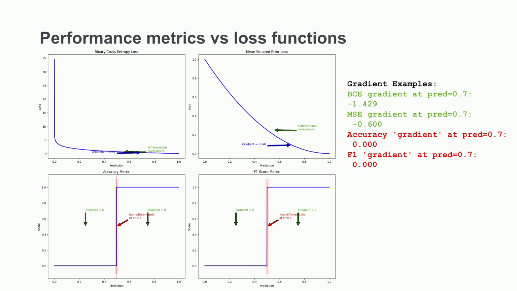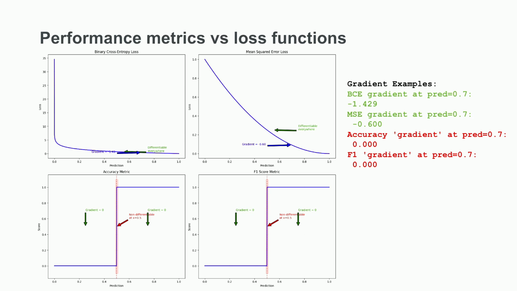All of these are functions that have smooth behaviors where we can compute gradients. But the accuracy function, the F1 score, the precision score, they have these big cliffs where we cannot really compute derivatives.